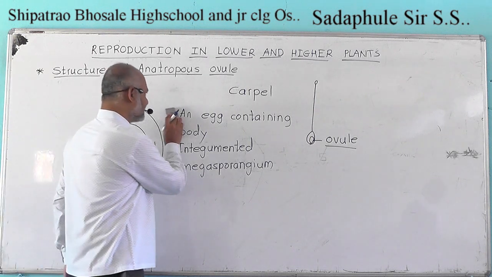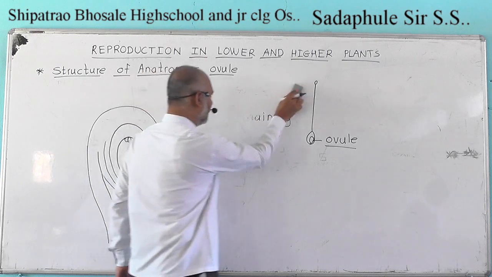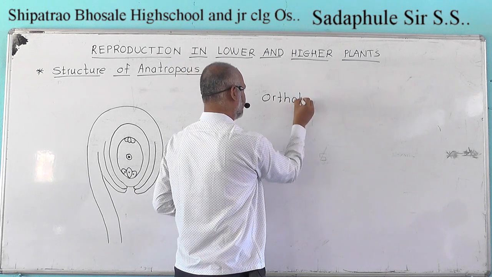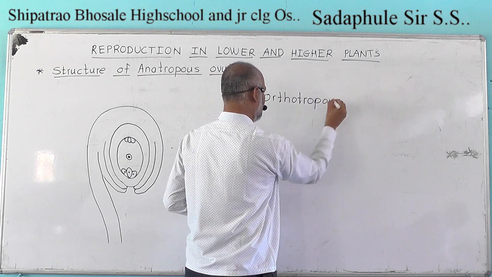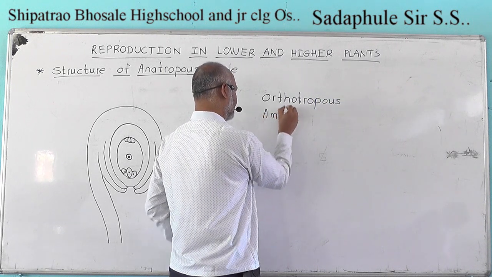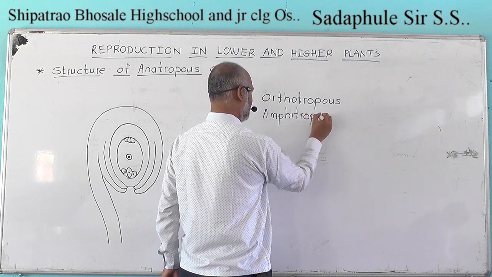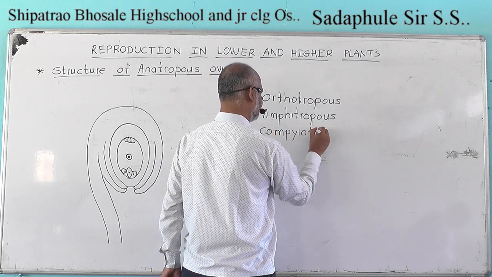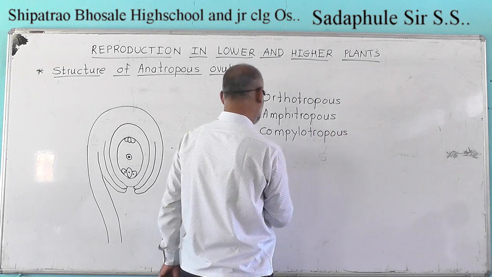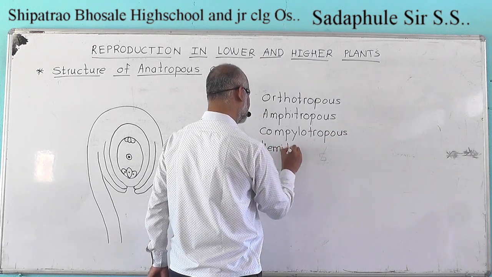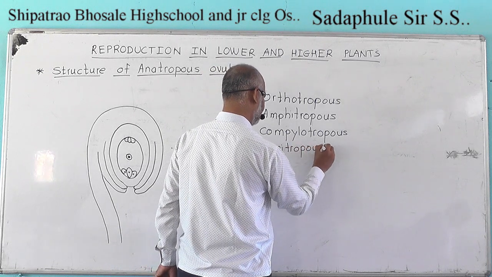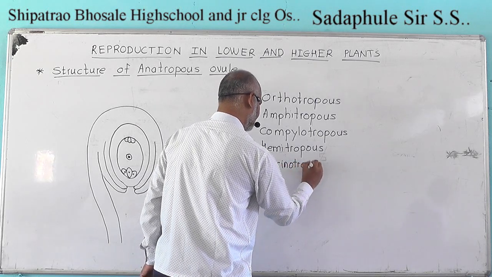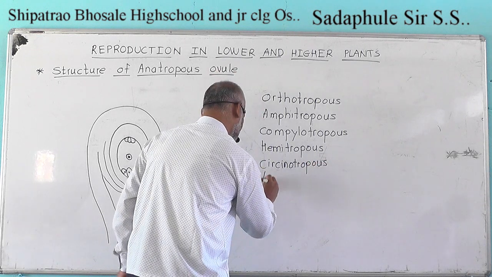In angiosperms, there is presence of various types of ovules, such as orthotropous, amphitropous, campylotropous, hemitropous, circinotropous and anatropous.